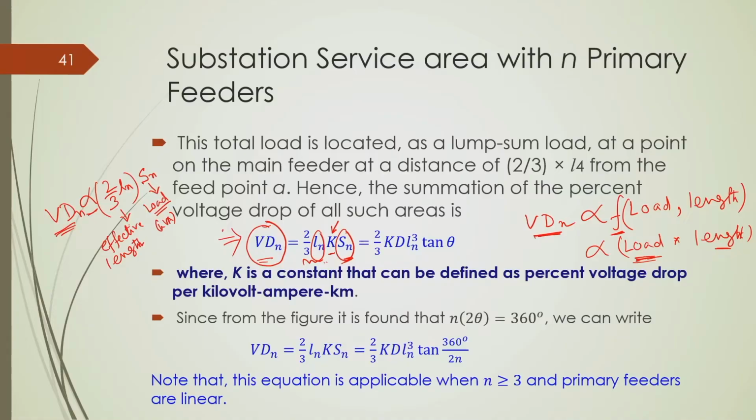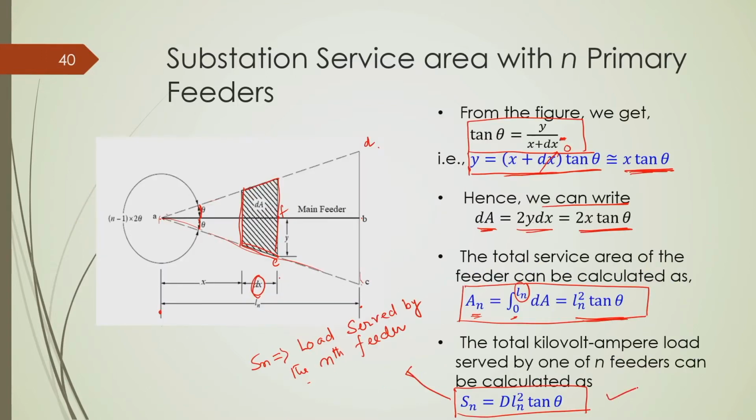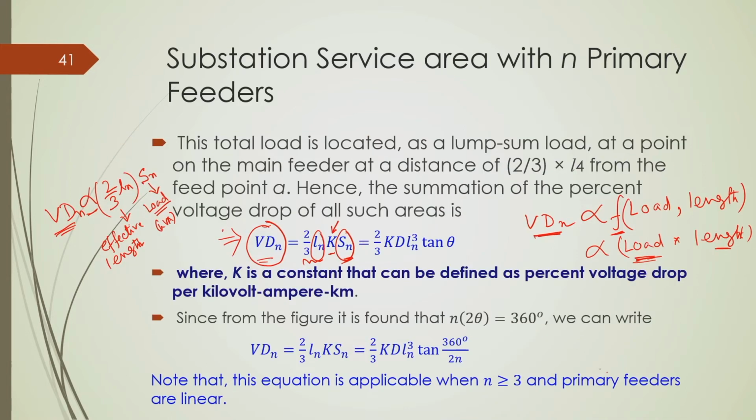Now, as we know, the expression for Sn was already determined, so if we put it over here, we will get Ln square tan theta, and this Ln is multiplied with Ln square.